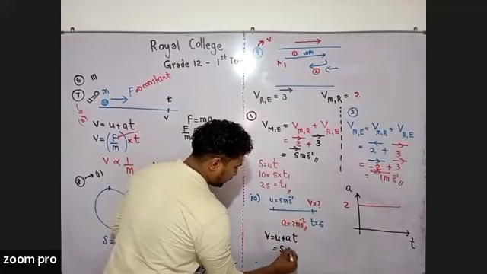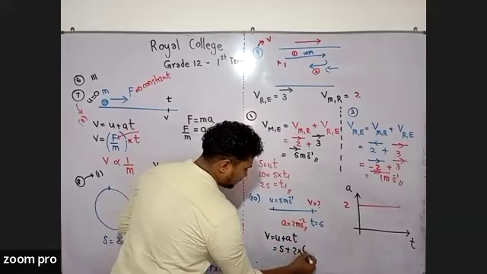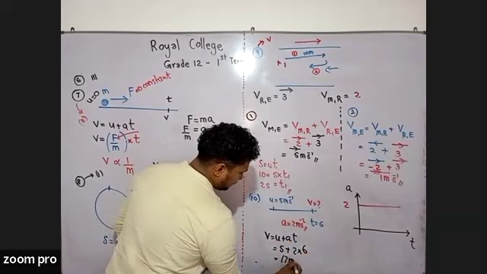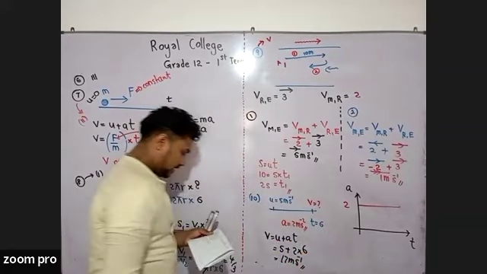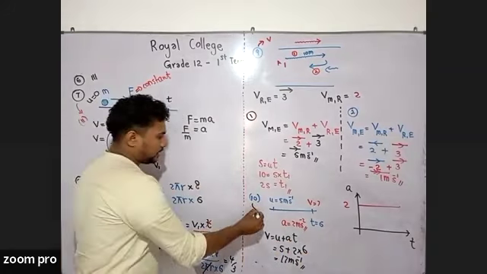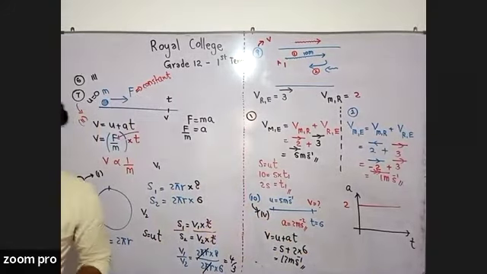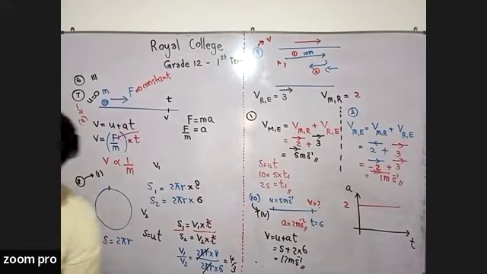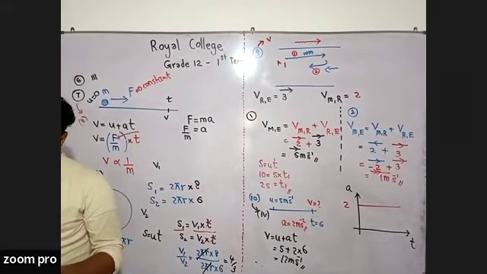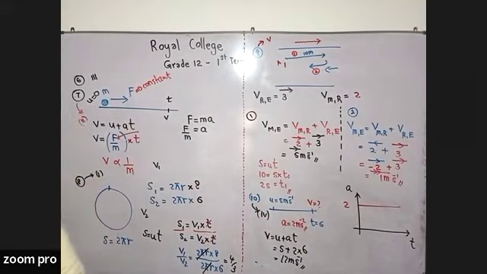Then u is 5, a is 2, t is 6. Then this is the answer. So the answer should be the fourth one. Right? So these are very easy questions, but you have to be familiar with these.